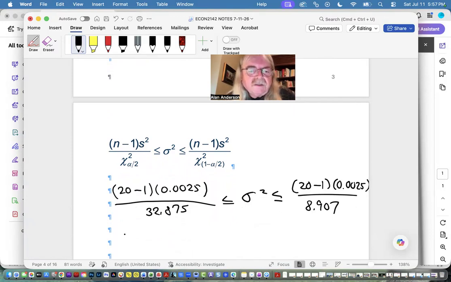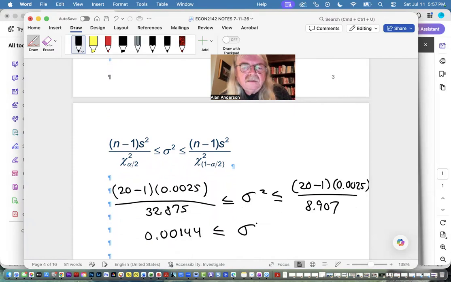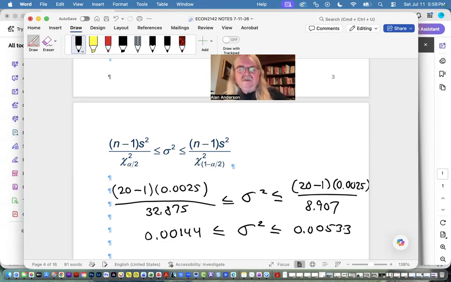The first one is approximately 0.00144, and the second one is approximately 0.00533, let's say.